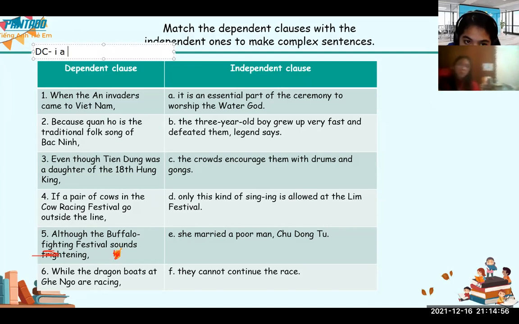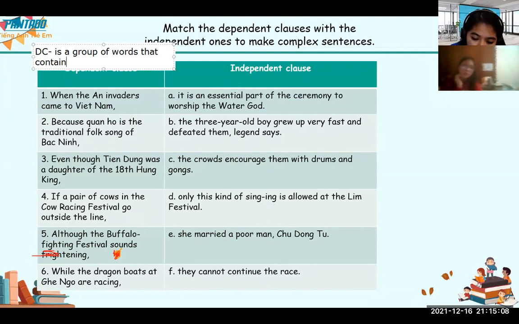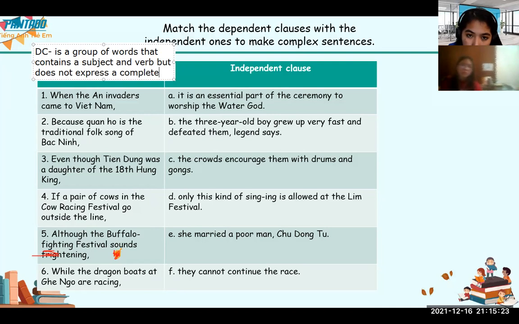A dependent clause is a group of words that contains a subject and verb, but does not express a complete thought.